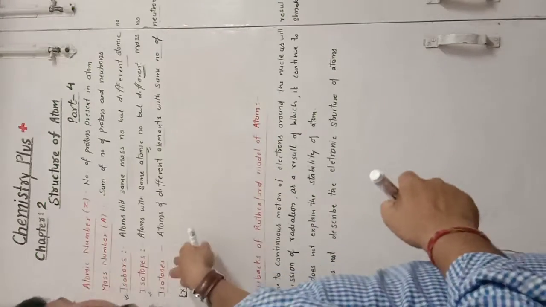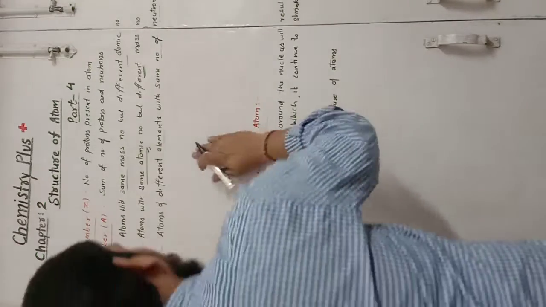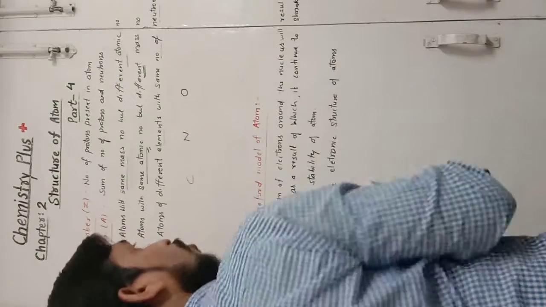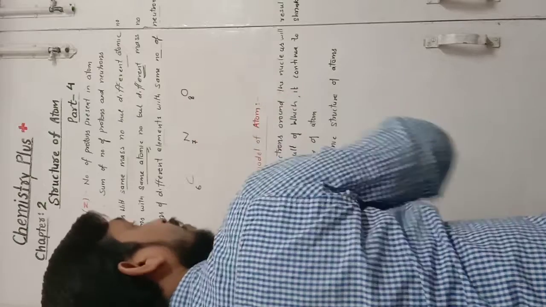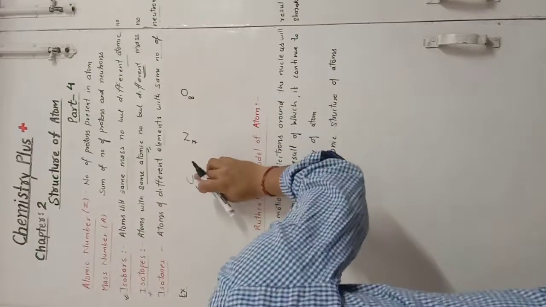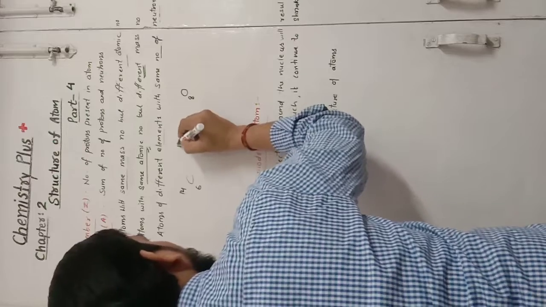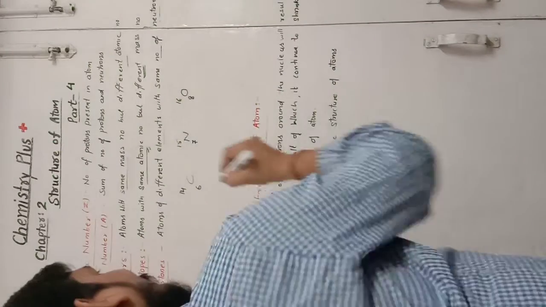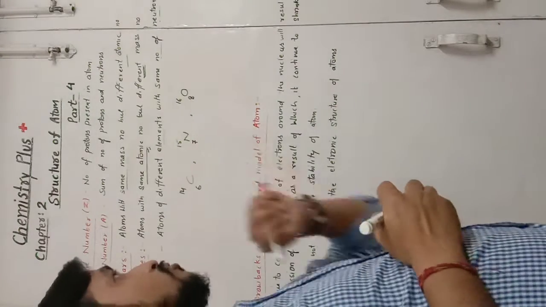For example, if we are talking about carbon, nitrogen and oxygen having the atomic numbers 6, 7 and 8, and the mass numbers are 14 for carbon, 15 for nitrogen and 16 for oxygen. So we have 3 different elements, that is carbon, nitrogen and oxygen.